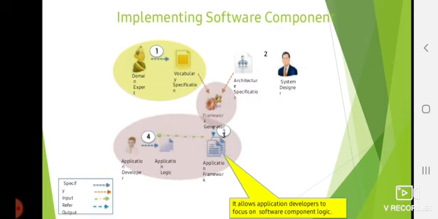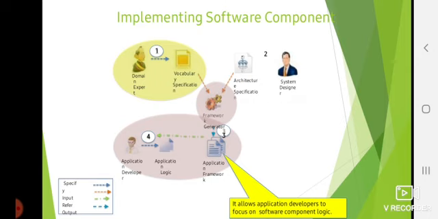Next, we have to see about implementing the software component. It consists of 4 steps. The first step is that the domain expert specifies the vocabulary specification. Then the system designer specifies the architecture specification.